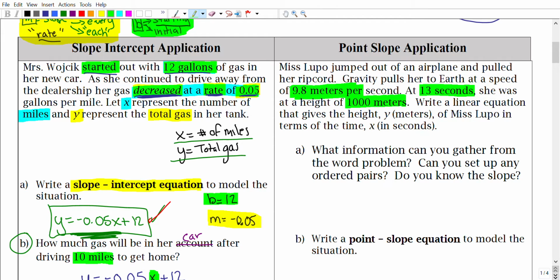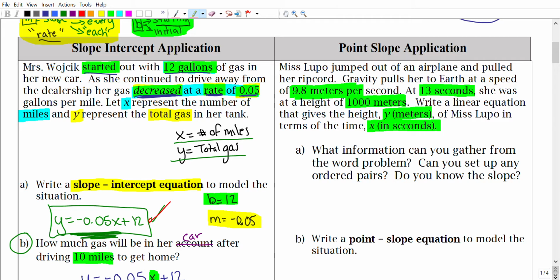Write a linear equation that gives the height, which is going to be y, which is in meters, and also x represents seconds. Okay, so let's go ahead and see how we can write this model.